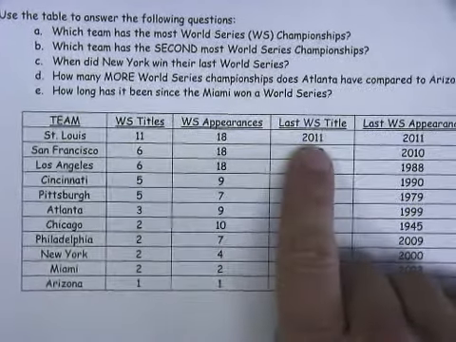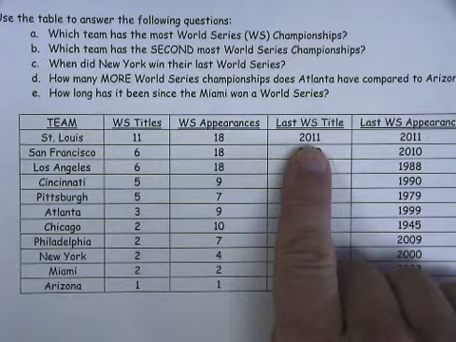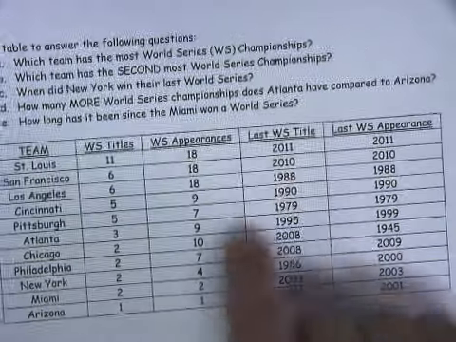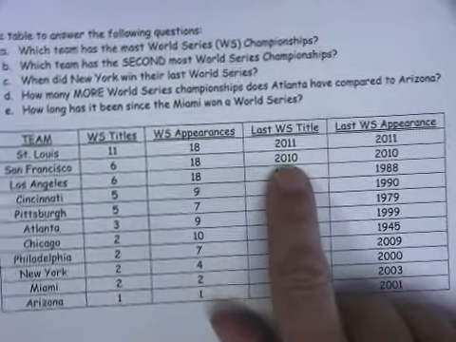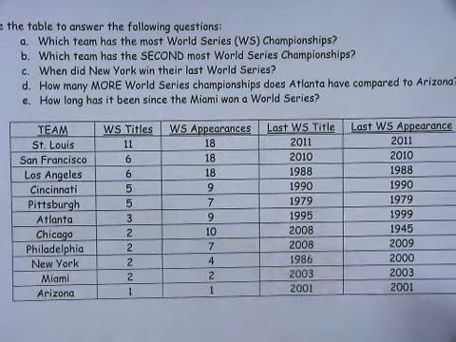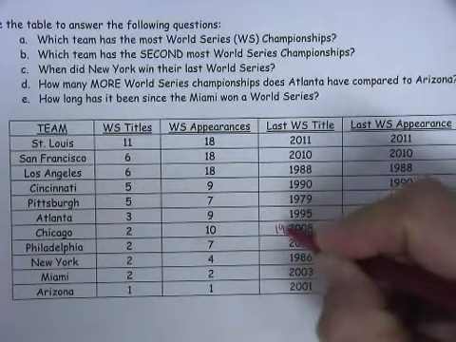Last World Series title is the last time they actually won. So 2011 for St. Louis, San Francisco's 2010. Let's go down to Chicago. Whoa, I think I have a typo there. I think that should be 1908.